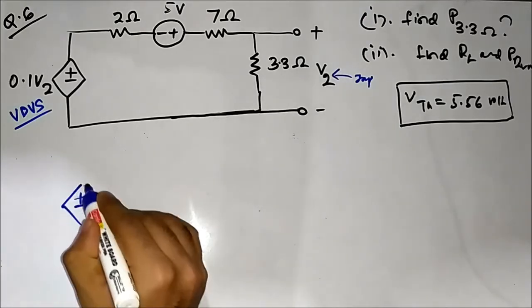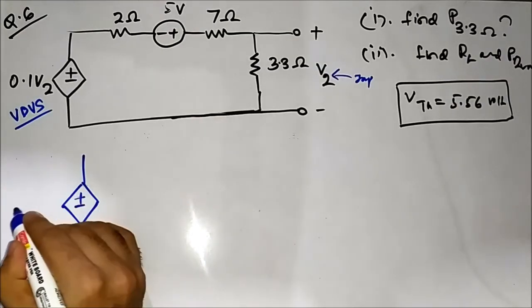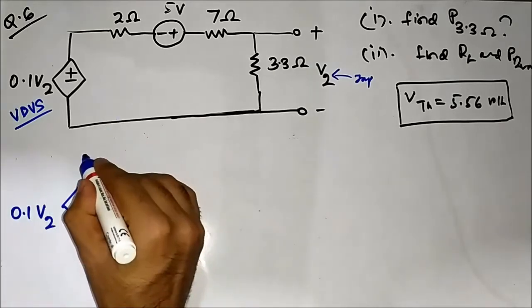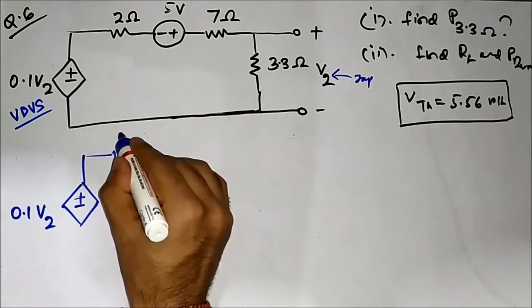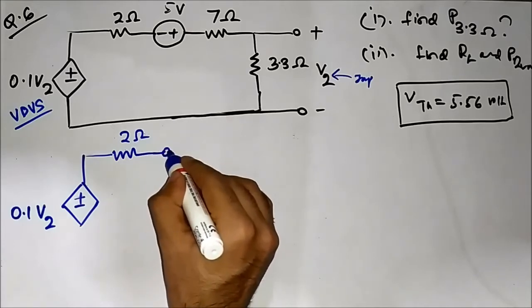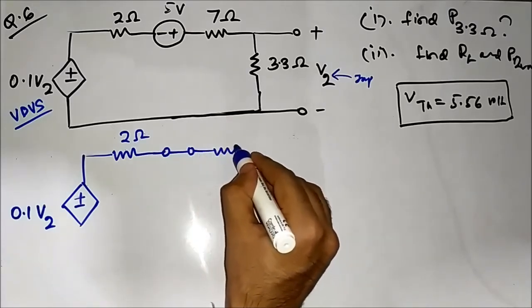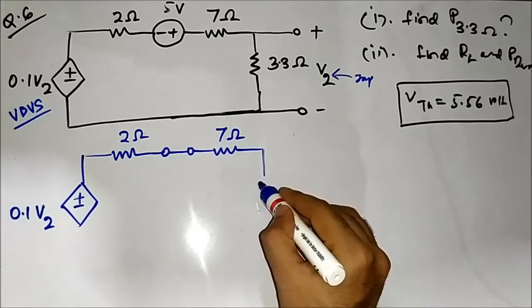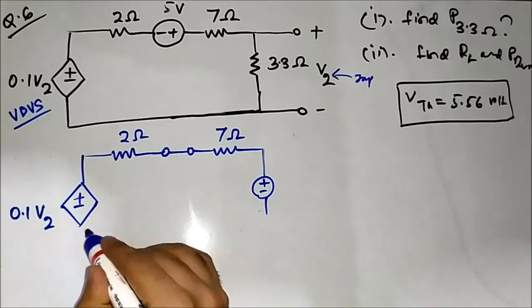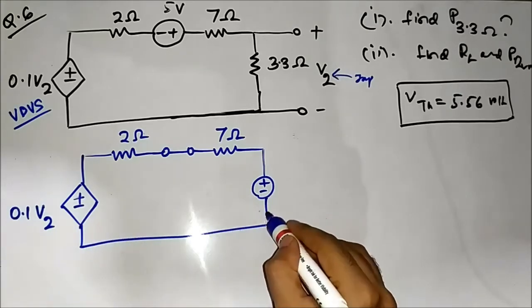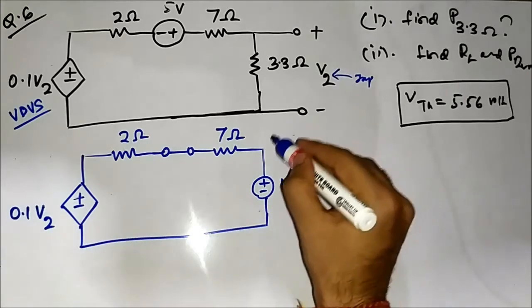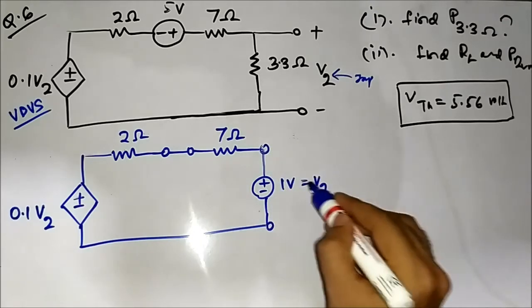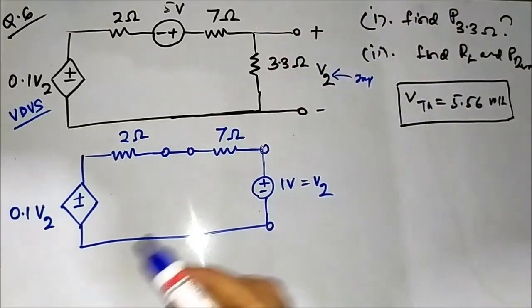So it is 0.1 V2, 2 ohm, short circuited, 7 ohm, and then we will connect a 1 volt voltage. So here V2 is equal to 1 volt voltage across these two terminals.